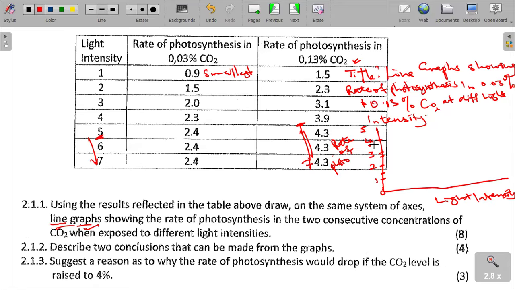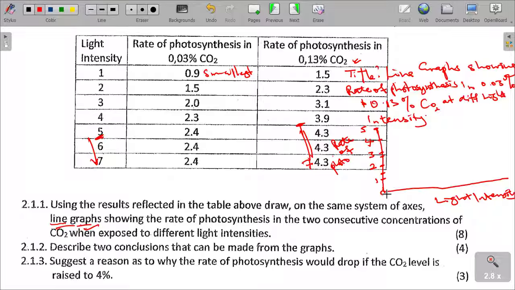I just choose a specific scale of representation of my set of data. So therefore, we have light intensity, which is ranging from 1 to 7.